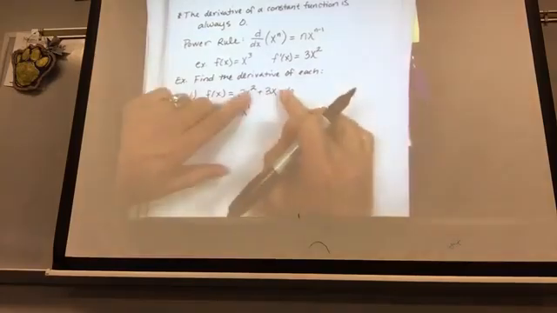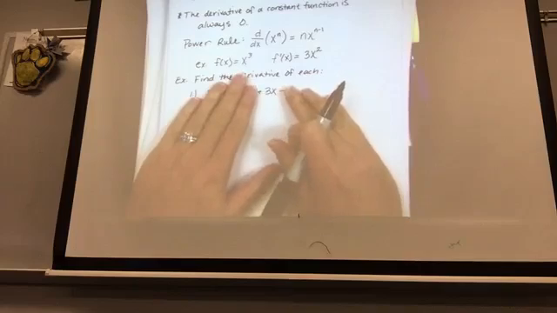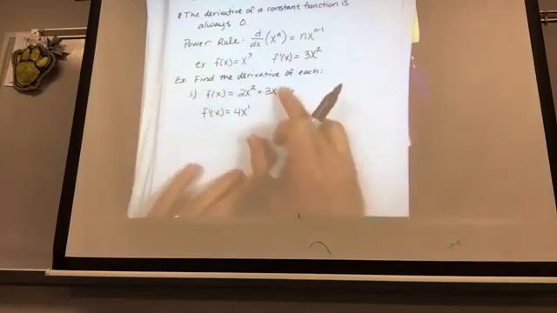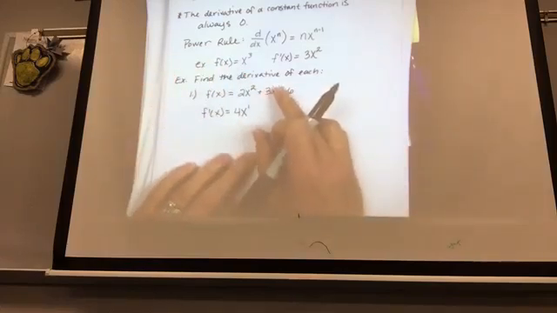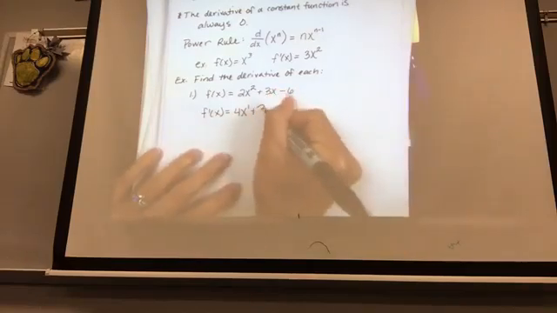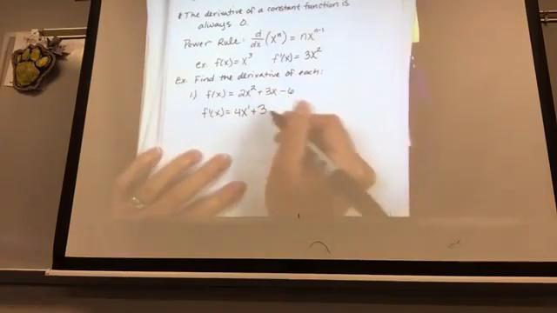But I don't even have to really think about that power rule. It's a linear line. What's the slope of 3x? 3. So it's going to be plus 3. But if I think of my power rule, 1 times 3 is 3, 1 minus 1 is 0. Anything to the 0 power is 1. So again, it is just 3. And then the derivative of a constant is 0. So I don't have to write minus 0 at the end. So that's my derivative.